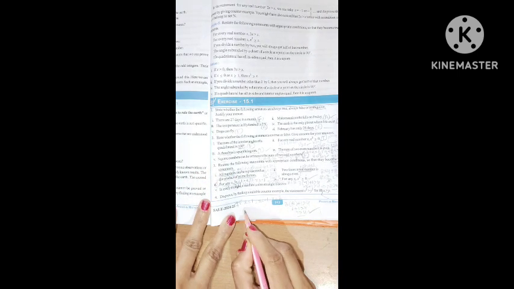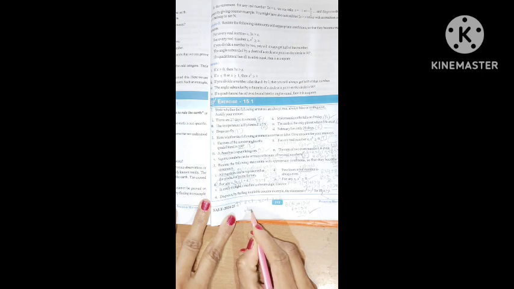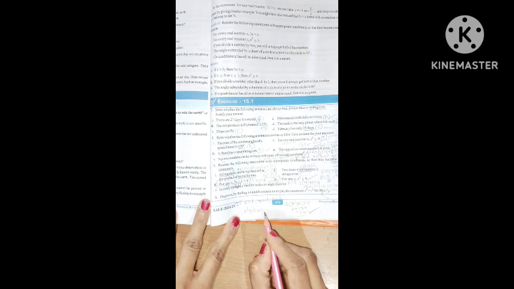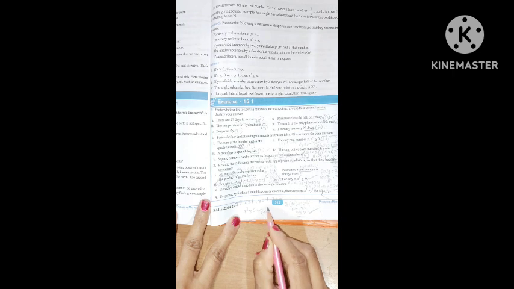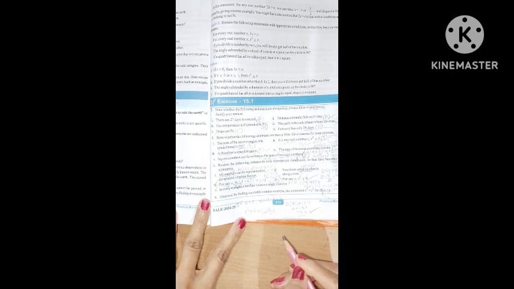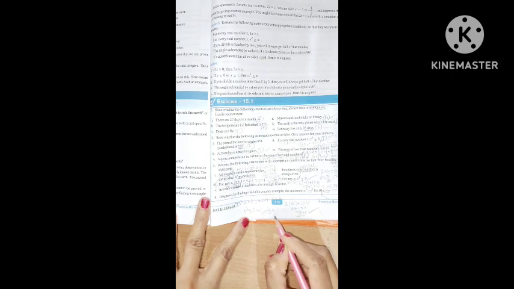All the values are substituted in this one only. So x equal to 1, 1 cube greater than or equal to 0. So it is possible. Okay, and minus 1 cube greater than or equal to 0. It is not possible.